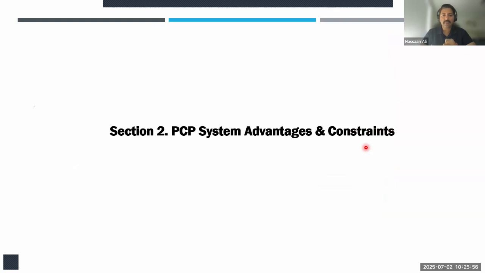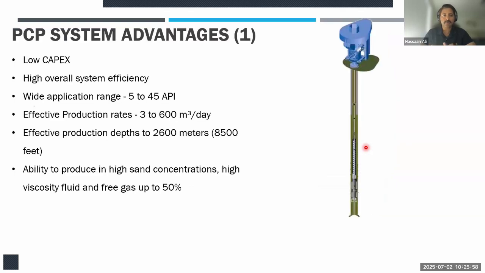Advantages and constraints of the PCP system. Let's talk about the advantages first. Number one is that it is a very low capital intensive system, so you don't need a lot of money to deploy the system compared to the rest of the artificial lift methods like ESPs and rod pumps. Very high system efficiency, all the way to 80% and above. In terms of wide range of application, they can be used for medium oil and heavy oil.